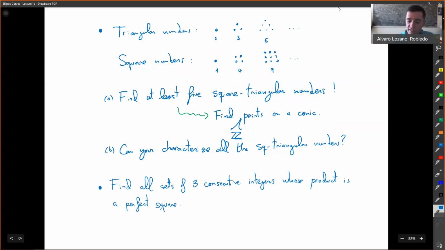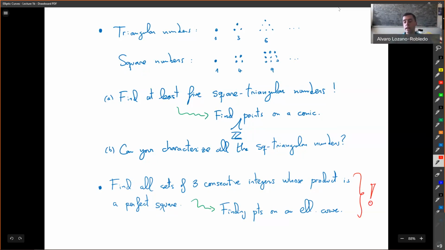So this should lead to finding points on an elliptic curve. Okay, so if you find an equation for that problem, that will lead you to an elliptic curve. And this particular problem, well, if you find an elementary solution, then great.